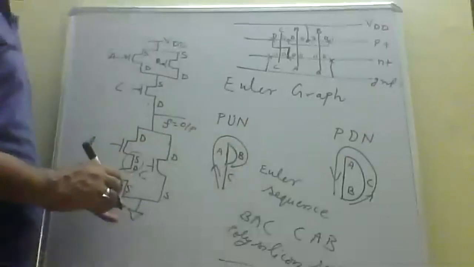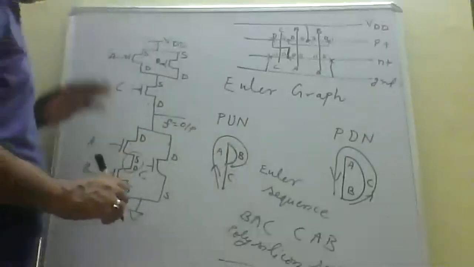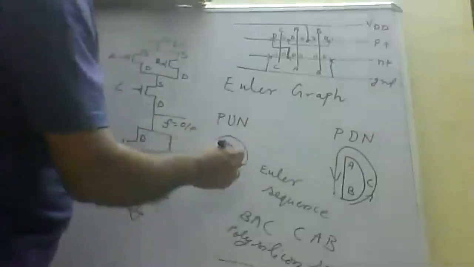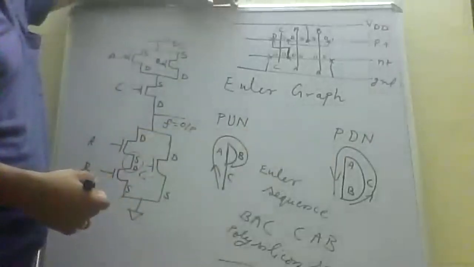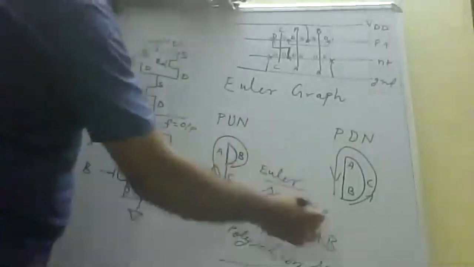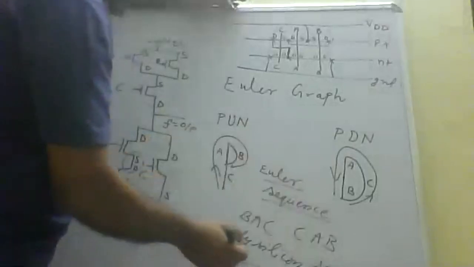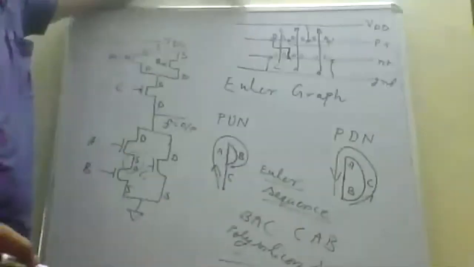It can repeat the node, but it is not repeating the branch, and there will be common to both, that is pull up network and pull down network. That sequence is known as Euler sequence, and that is needed to find out the polysilicon sequence in the layout.